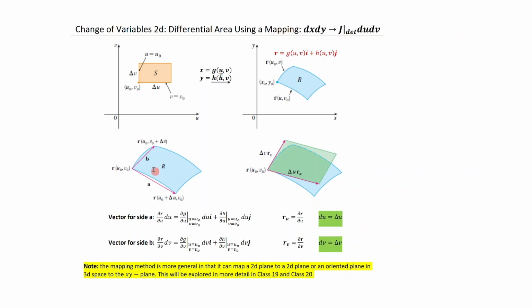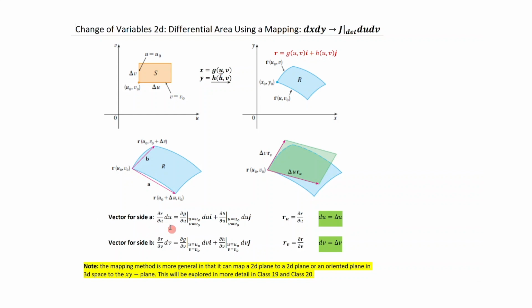All right, so the next thing would be to define the vector that goes along this line and the vector going along this line. Well, this is nothing more than taking the derivative to form the tangent vector. All right, and so in this case, you can see you're going from U naught to U naught plus delta, holding U naught constant and basically varying V naught. And in this case, you're essentially holding V naught constant and varying U naught.